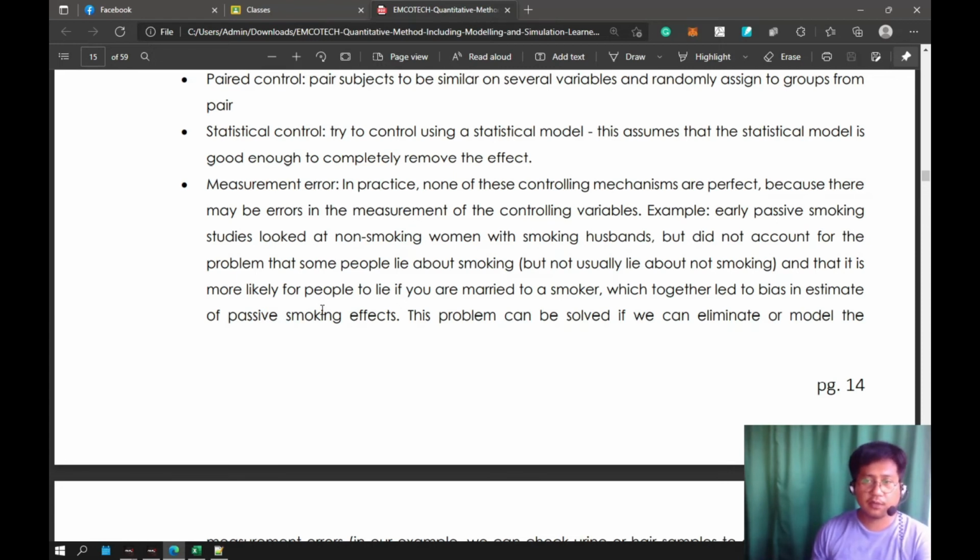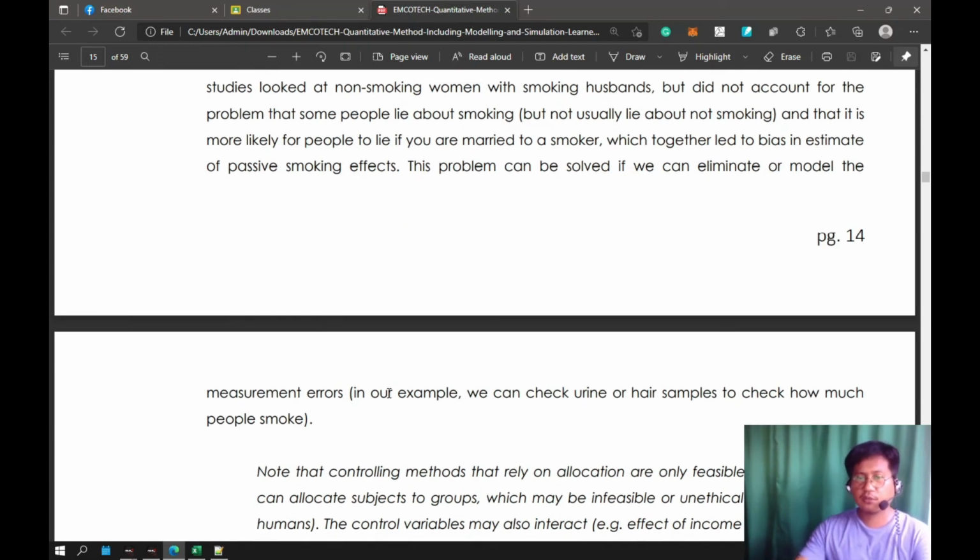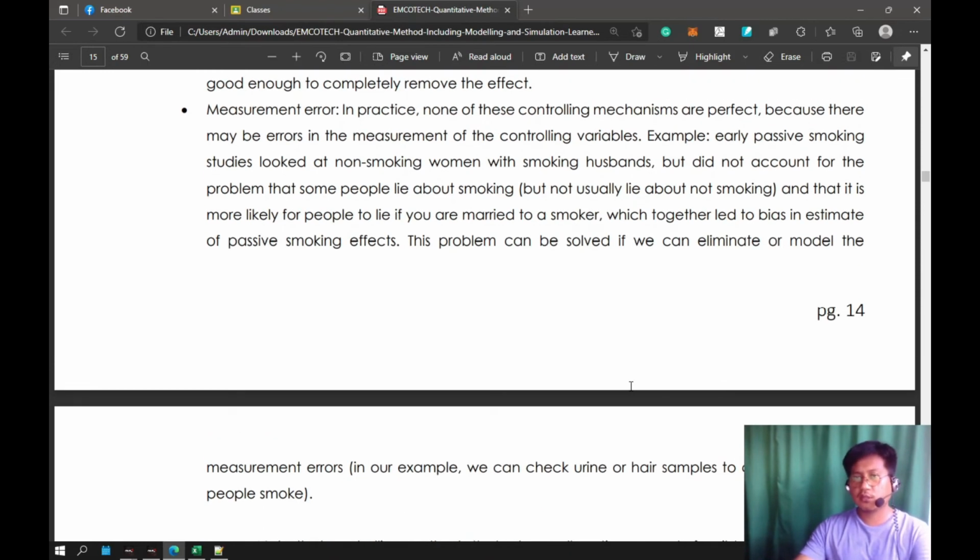This problem can be solved if we can eliminate or model the measurement errors. In our example, we can check urine or hair samples to check how much people smoke. So that's the measurement error.